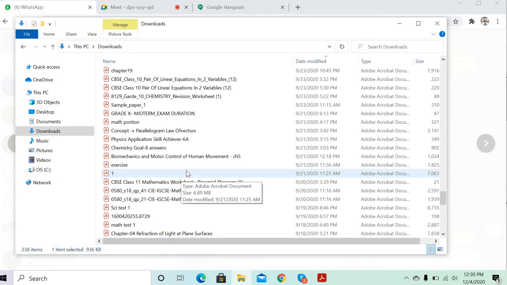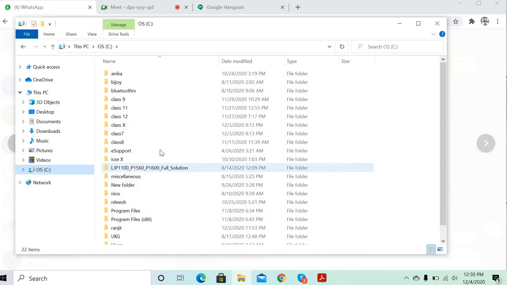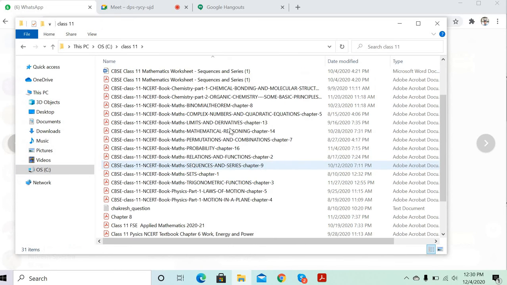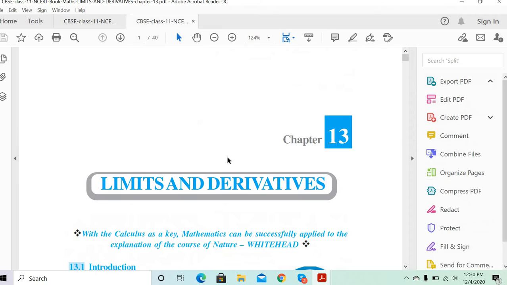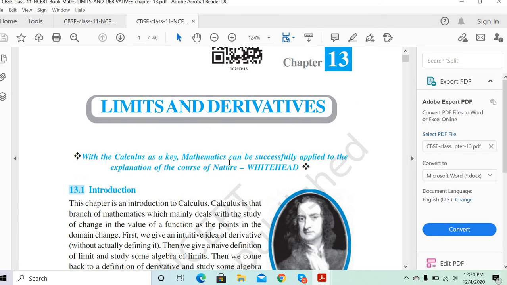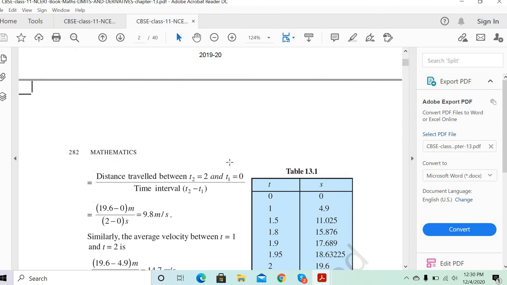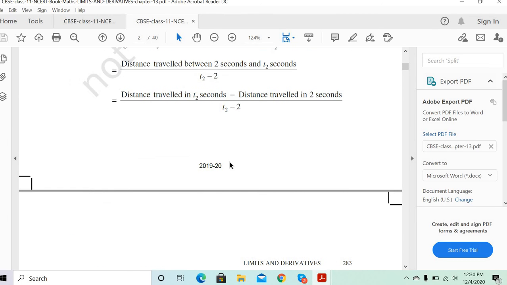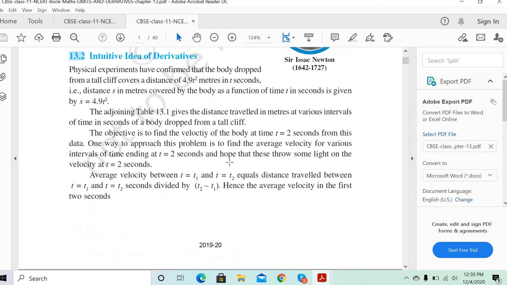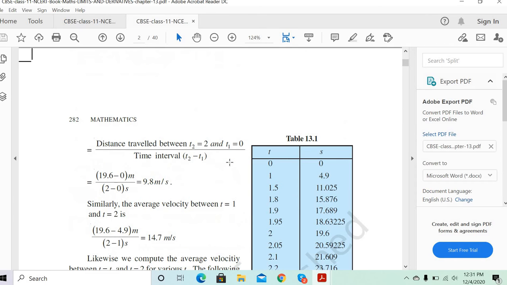This is the part of your syllabus. So let's go to limits and derivatives, calculus. You open the chapter limits and derivatives now. Chapter 13 is there for you now. Yes, sir. Okay. Chapter 13 is there now. Fine.